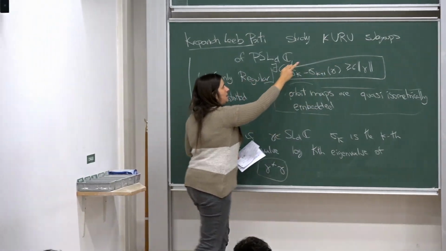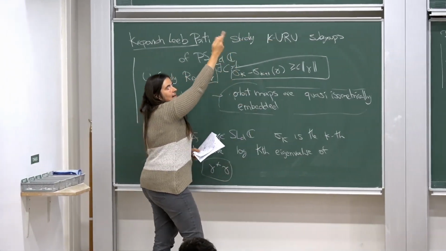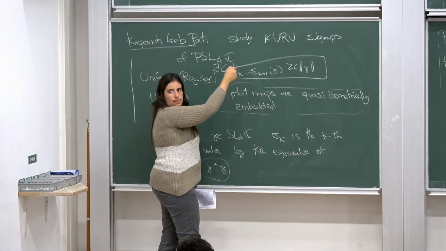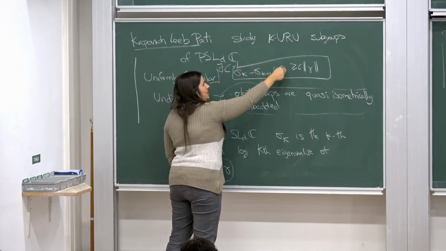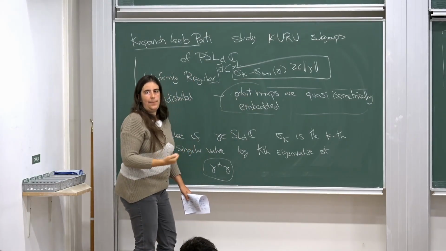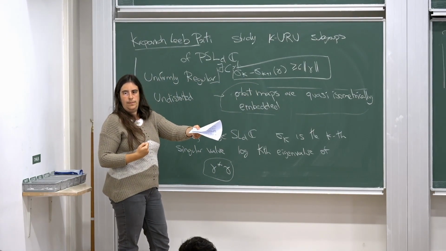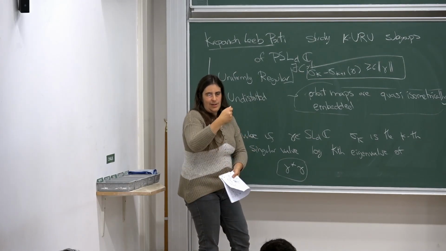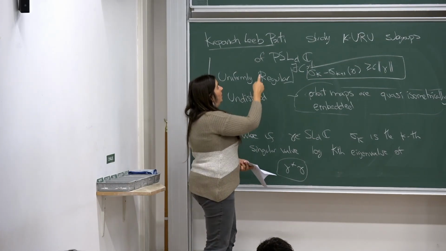This means that for this k, in the Grassmannian of k-subspaces, I have some gap in the eigenvalues. If I have a gap in the k-th singular value, I also have a gap in the (d minus k)-th singular value, because the singular values of the inverse are the ones with opposed indices.